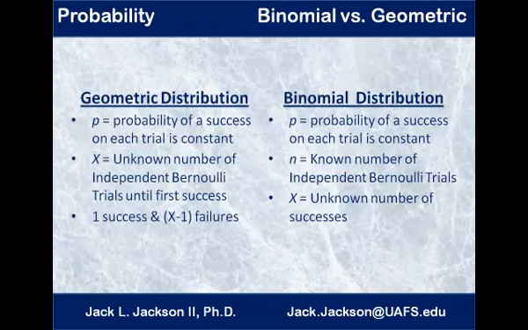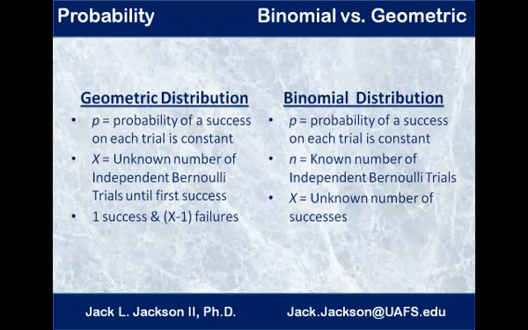So the geometric distribution and the binomial distribution, in both cases we're doing independent Bernoulli trials, so the probability of success is P every time we do a trial. Very important. That's one thing they have in common. The difference between the two is what we're counting is completely different. In the geometric distribution, we know we're going to have one success. What we don't know is how long it's going to take us to get that success. So X, the random variable, counts how many trials we need until we get that first success.